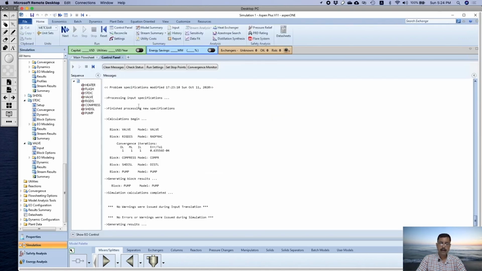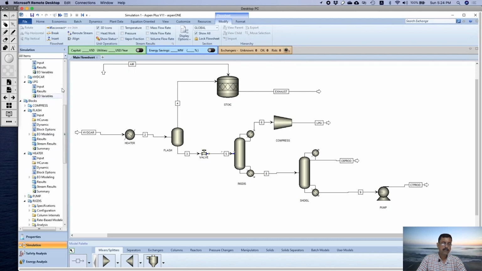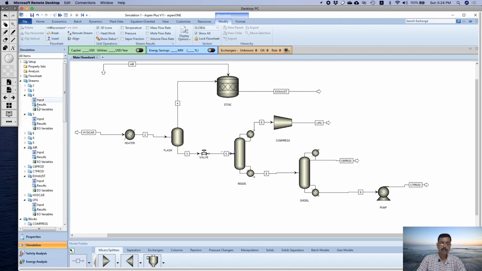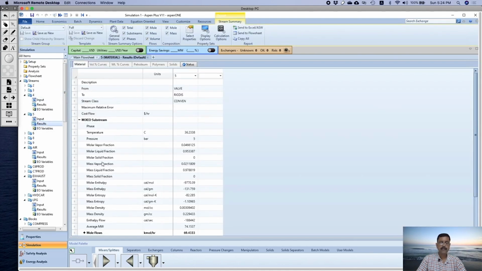So now we go back and check the valve 5 results. Here you see molar fraction is now 95%. So it increases from 88% to 95% by changing the valve outlet pressure from 2 bar to 5 bar.